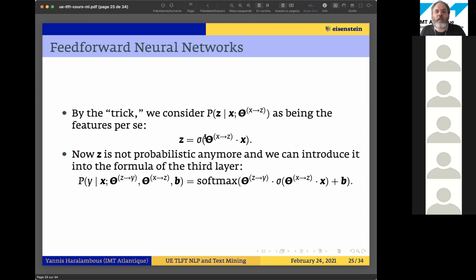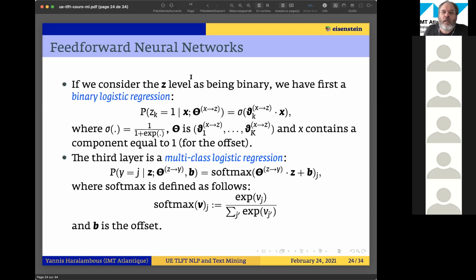Let's see if we can recognize this in here. These are the coefficients. These are the input values. This is a scalar product, so it's the sum of pairwise products of components.